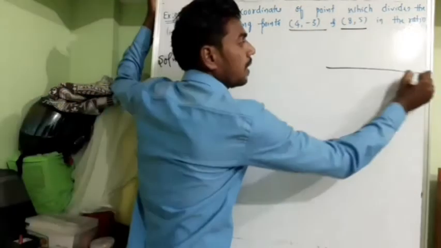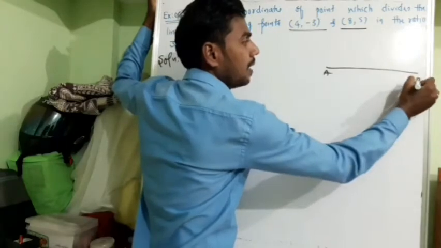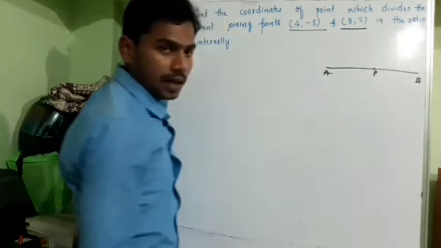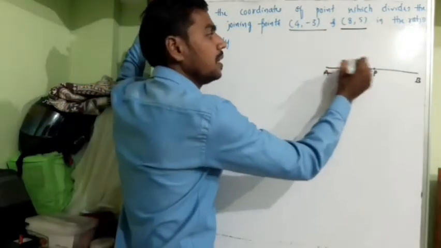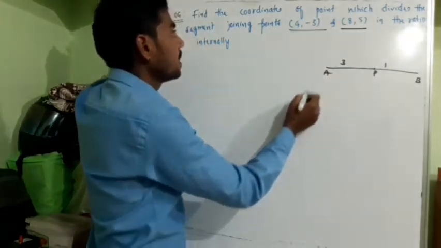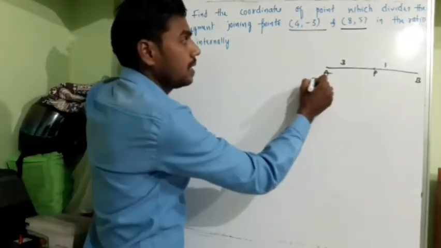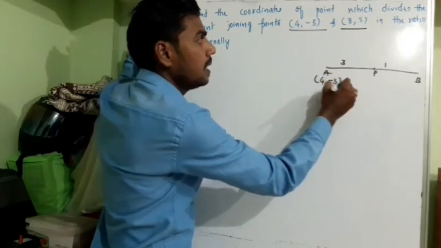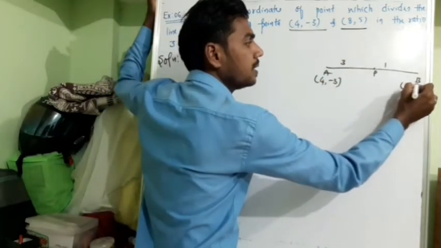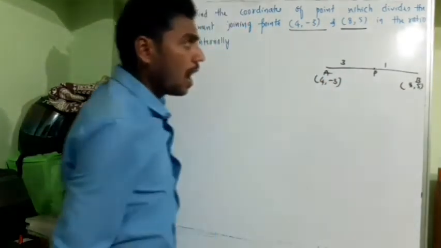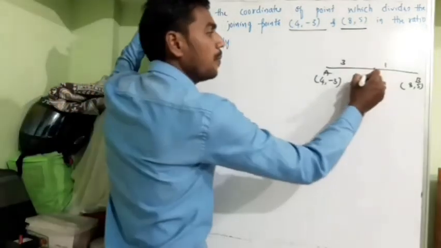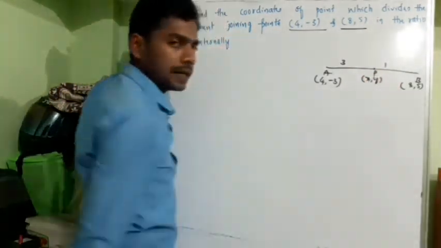Suppose AB is a line and P is a point on it dividing it in the ratio 3:1, and the coordinates of the two points are (4, -3) and (8, 5). I need to find the coordinates of point P, that is (x, y).